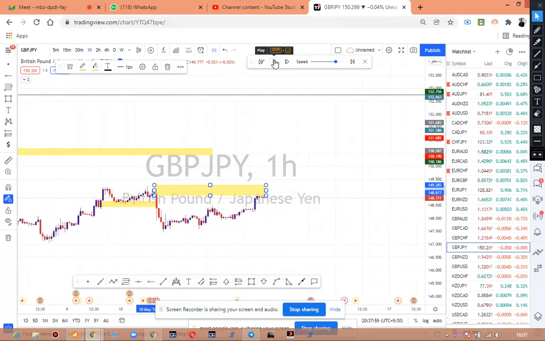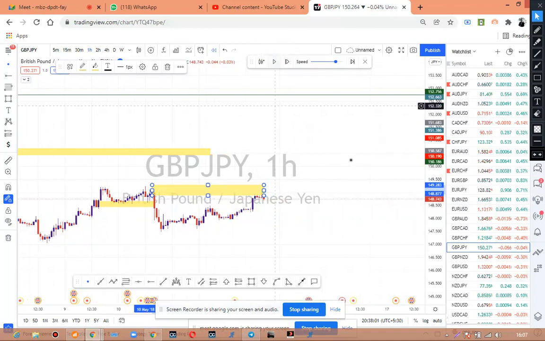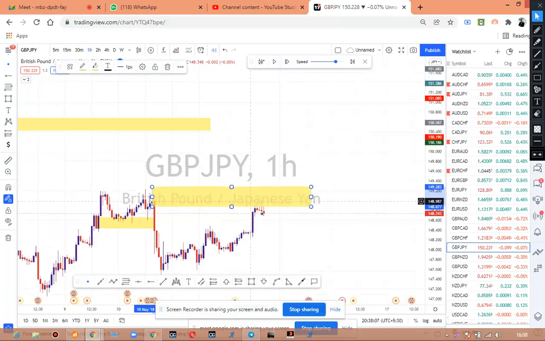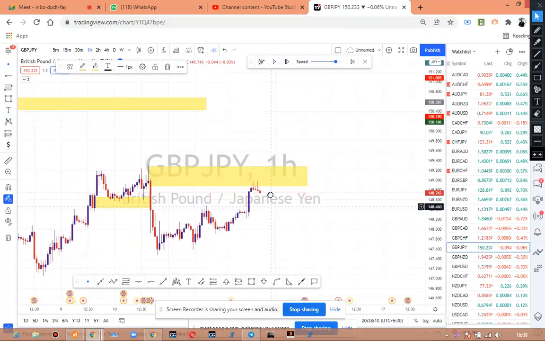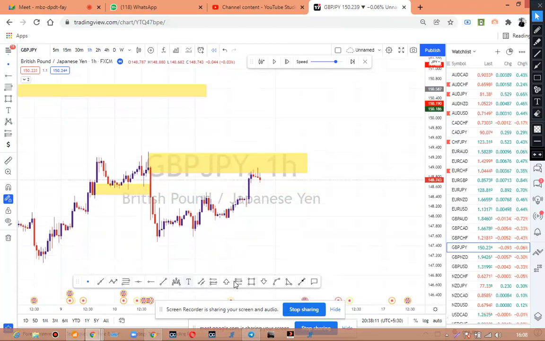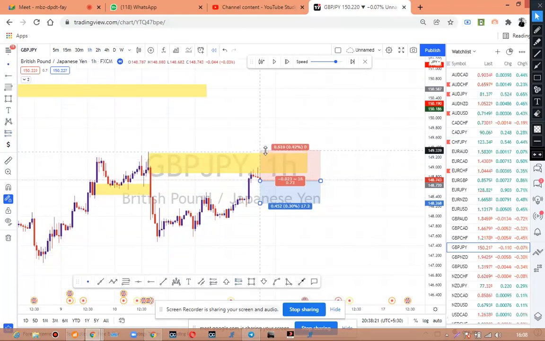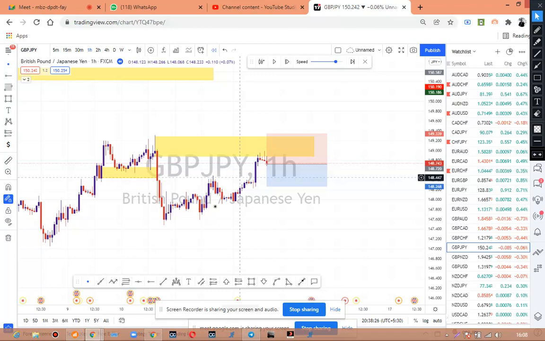Now the market has touched the supply zone, and we can see some sellers trying to enter the market. The market is trying to reverse. We see multiple rejections and red candles. So let's say we enter the trade here, then our stop loss is above structure, and our take profit is the next demand zone.